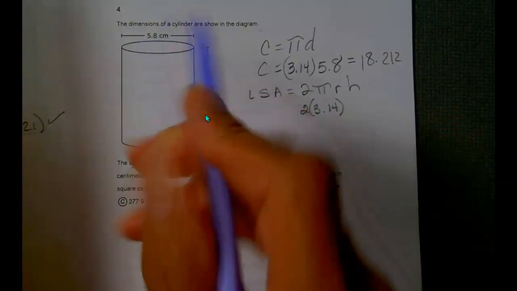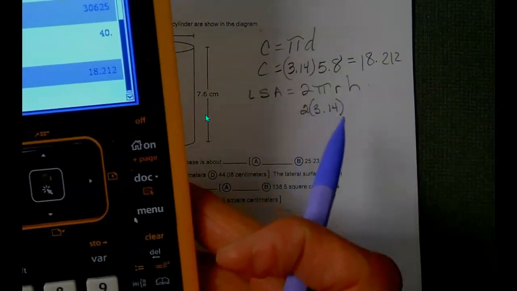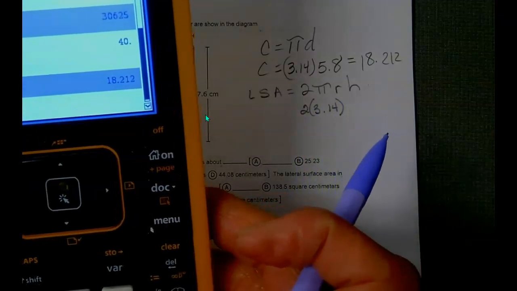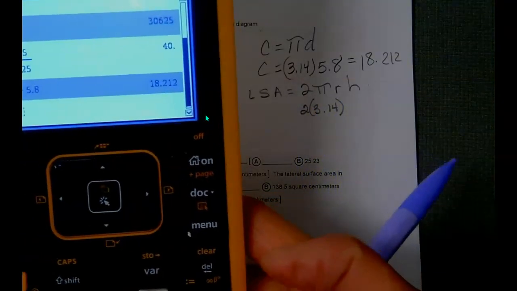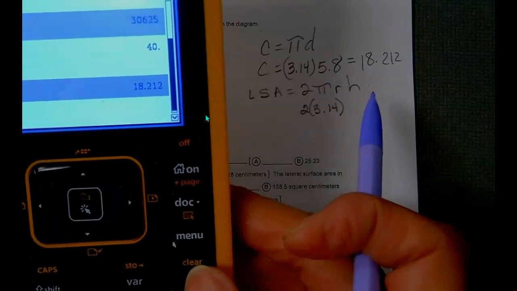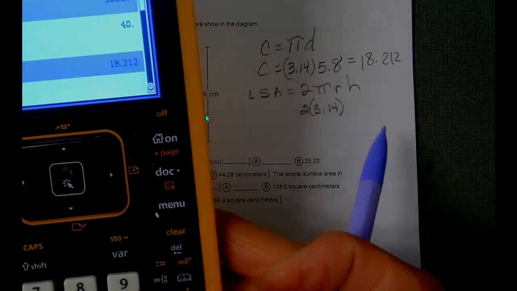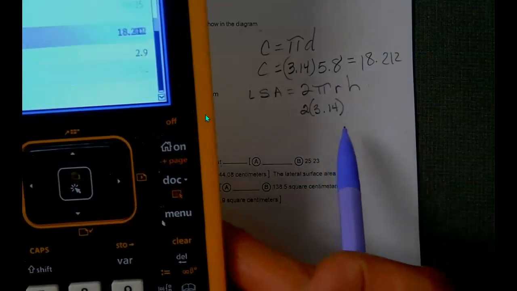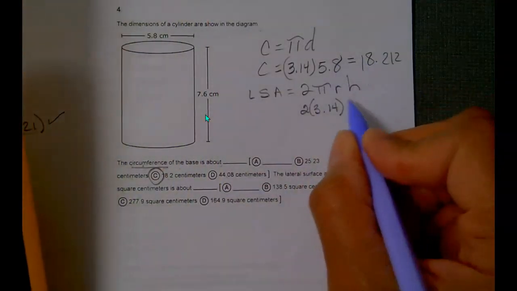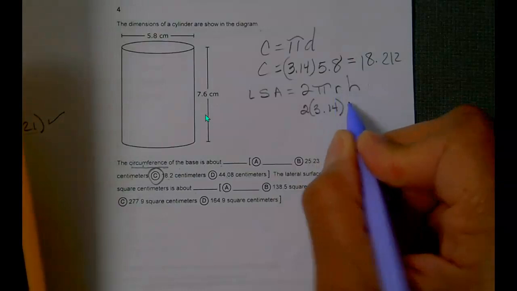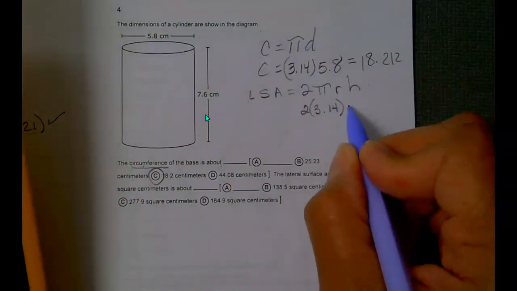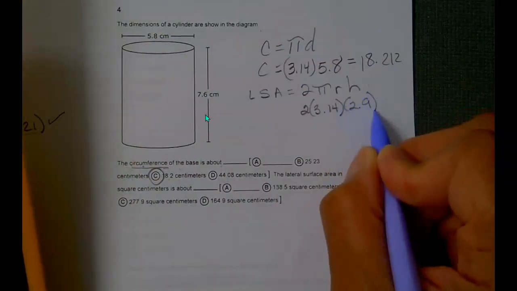Remember, we need the radius, so I'm going to take 5.8 and divide it by 2. I got 2.9. So the radius from 5.8 is 2.9.